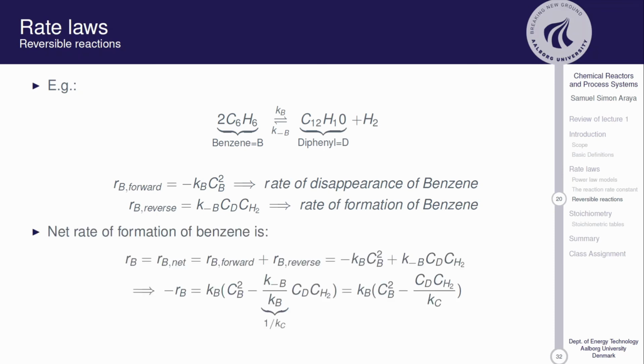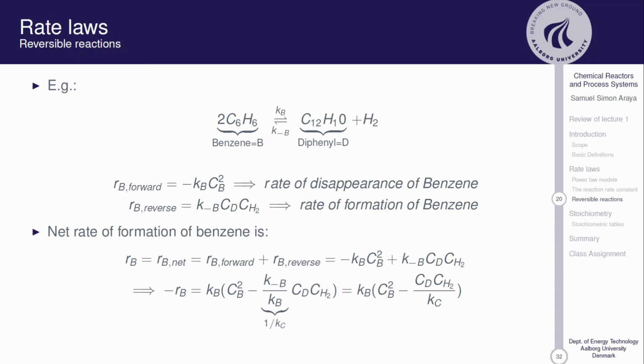If we combine them and get the net formation of benzene, then the net rate is equal to the forward plus the reverse. We know the forward is a disappearance, so it's minus, whereas the backward is a formation, so it's plus.